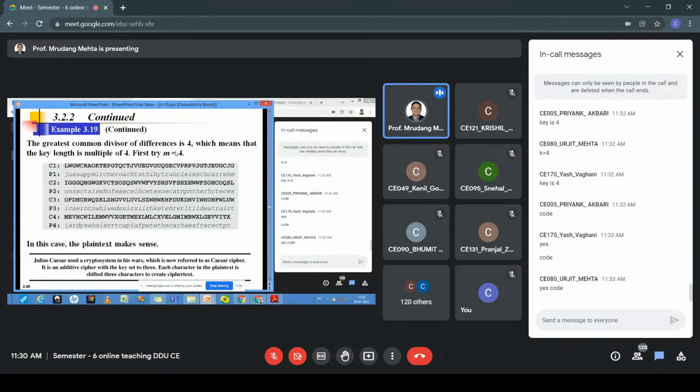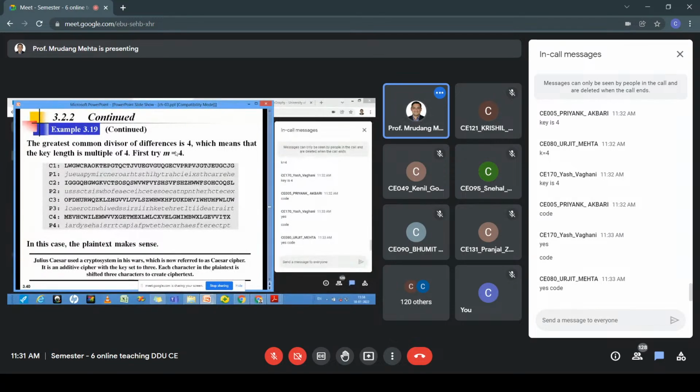So one possible method of checking that our key is correct or not is to see whether the key you are guessing is a meaningful English word, right? So here, after applying different possible combinations, you may reach the conclusion that code is the correct key.